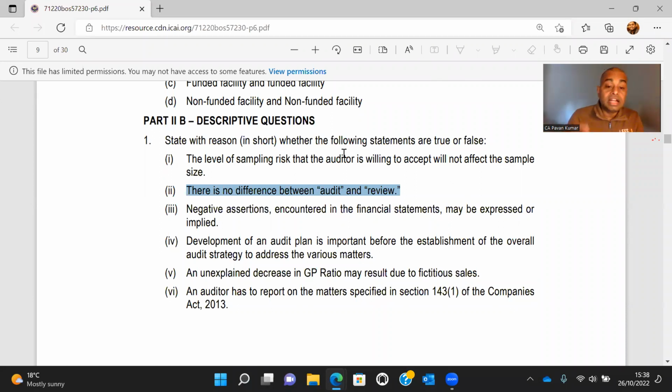4. Development of an audit plan is important before the establishment of overall audit strategy. Which comes first? Audit plan comes first or audit strategy comes first? Someone's mic is on, can you please mute it? I am saying strategy comes first.